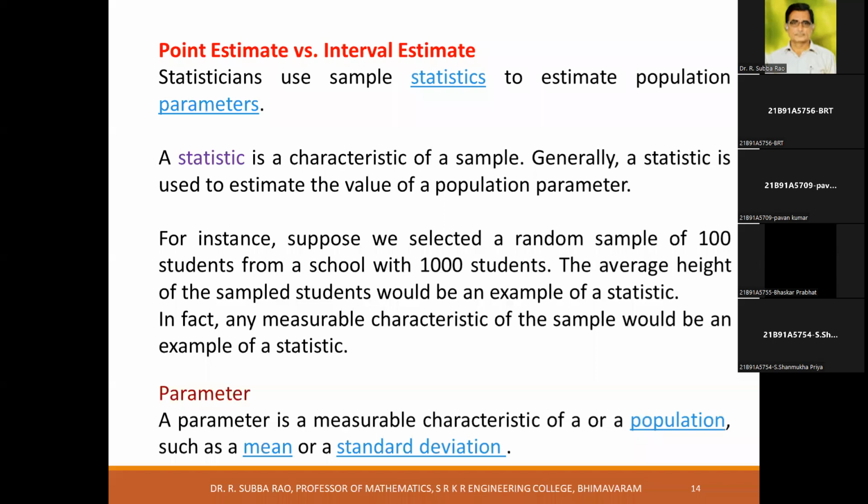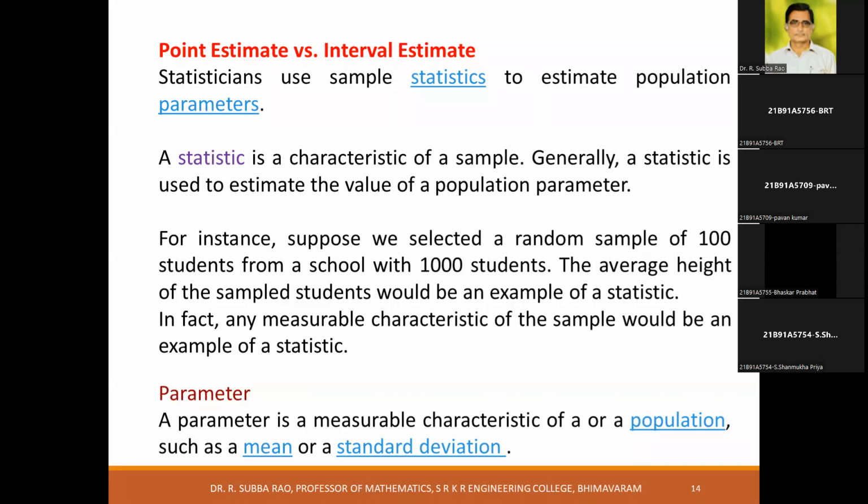For example, let us assume that there are capital N observations in a population. I would like to select a sample of small n. Of course, this may be with replacement or without replacement, but I don't consider that concept at this juncture.